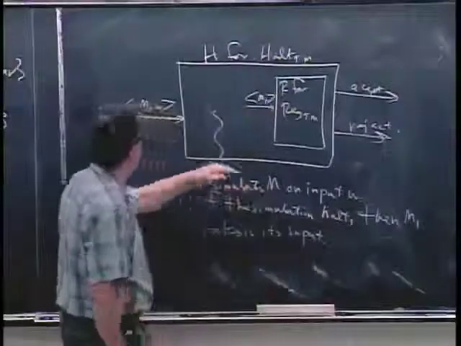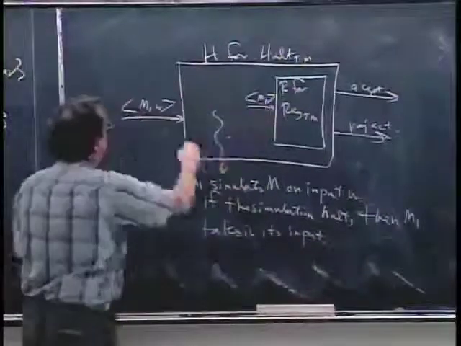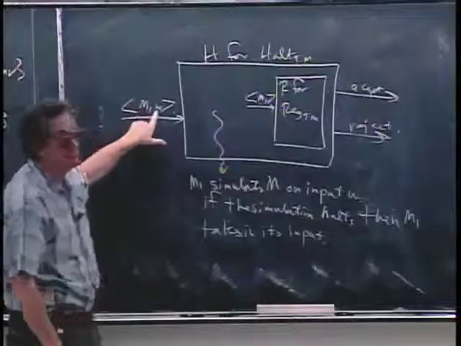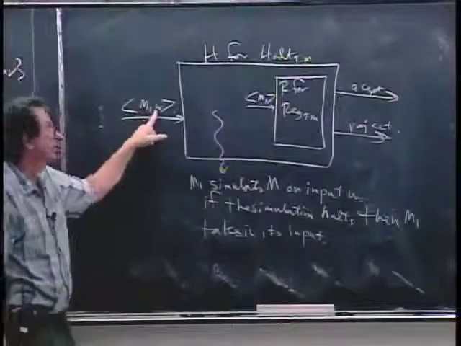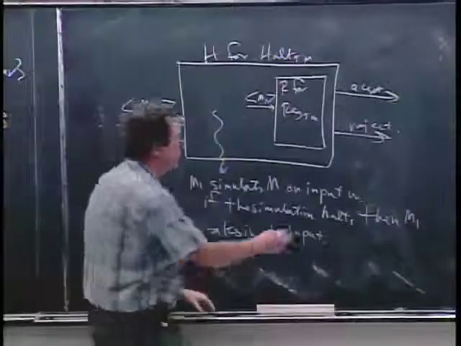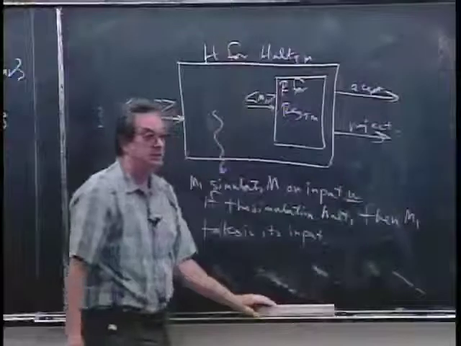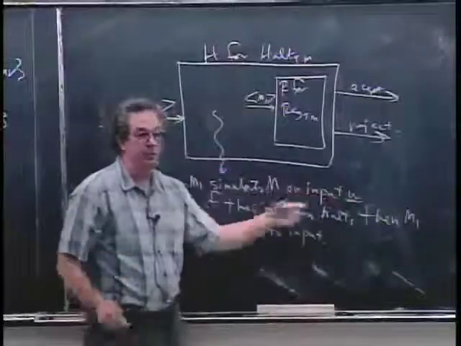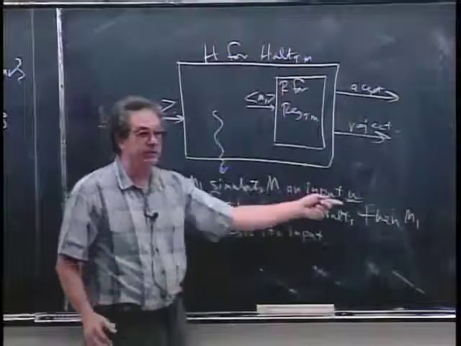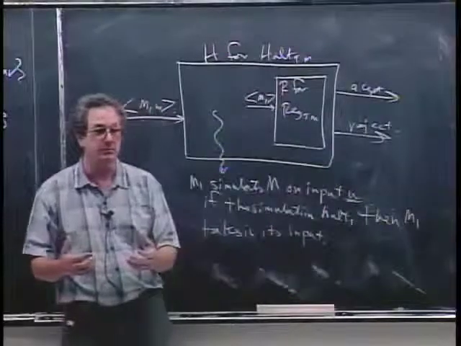Remember, the input to this big box, to H, is the Turing machine M and the input W. So H can build a Turing machine which already has in it the knowledge of W, and it can simulate M on W. But M1, when it's doing this, hasn't even looked at its input yet.